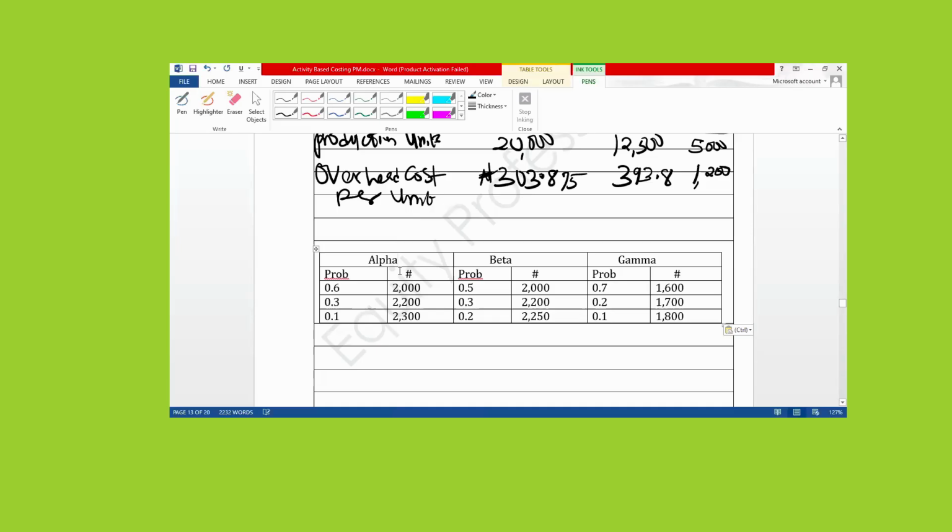Now look at alpha. We are not sure of the selling price.